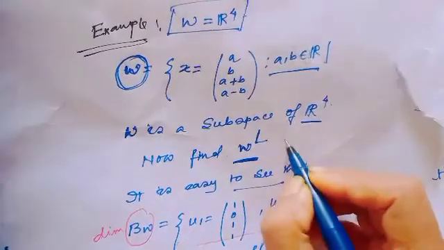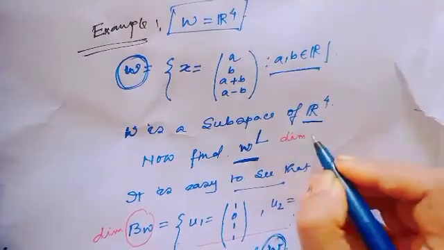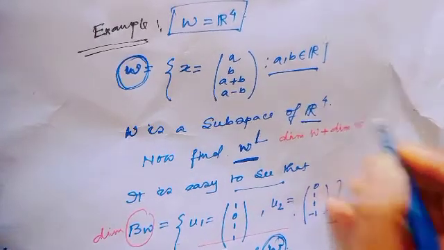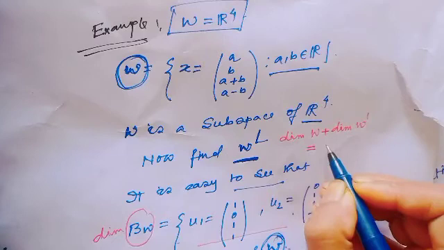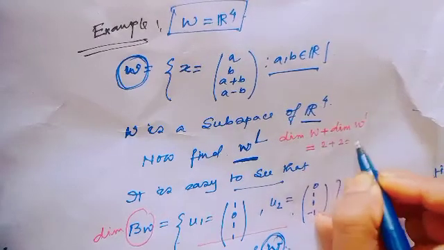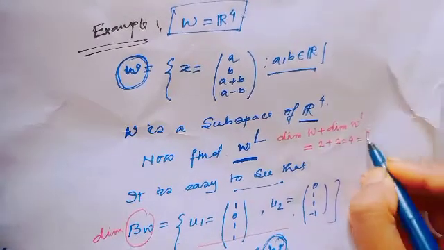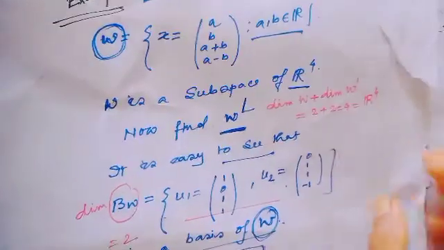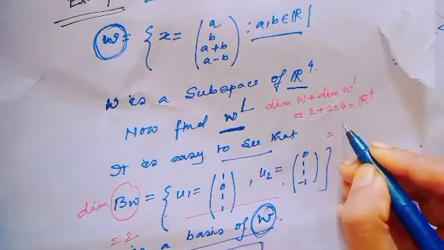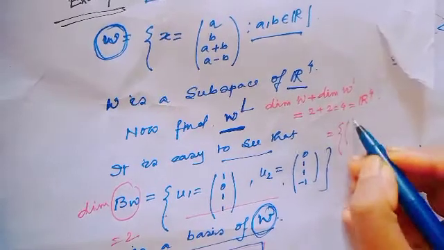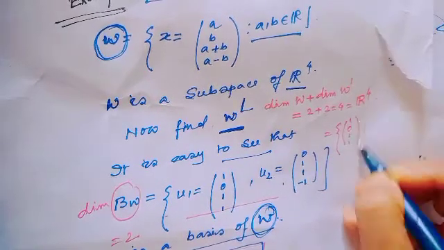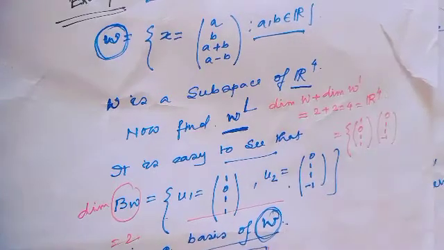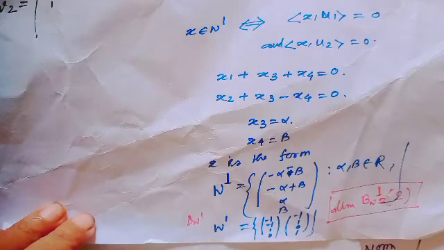That means the dimension of W plus the dimension of W perp is equal to 2 plus 2 equal to 4, which is the dimension of the whole space R4. Therefore, the basis of W contains (1, 0, 1, 1) and (0, 1, 1, minus 1) also. What is the basis of W perp?